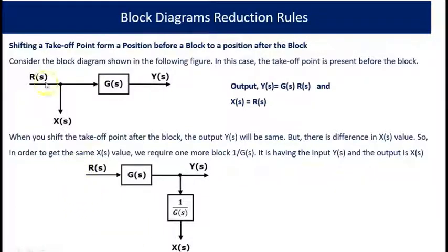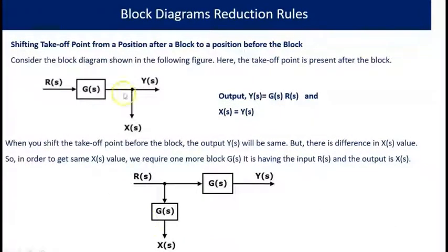This is just the opposite of the case of the summing point. For the summing point, if we want to shift it from this position to this position, we have to add a block with the transfer function G(s). Here it is 1/G(s). Similarly, what will happen if we want to shift a takeoff point from a position after the block to a position before the block?